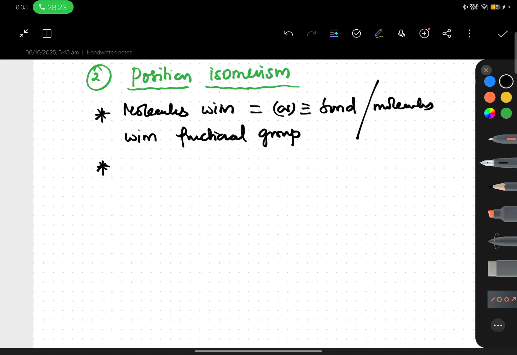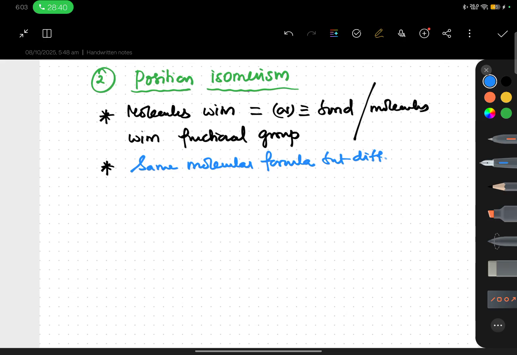So when I say positional isomerism, how do you write the definition? Same molecular formula but different position of functional group or double bond or triple bond.